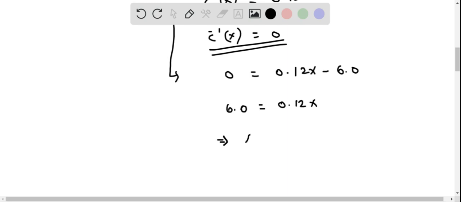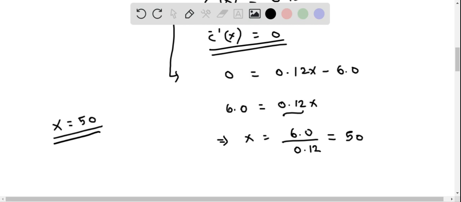To solve for x, we divide both sides by 0.12. So 6.0 divided by 0.12 equals 50. Here we get only one critical number, that is x equal to 50.